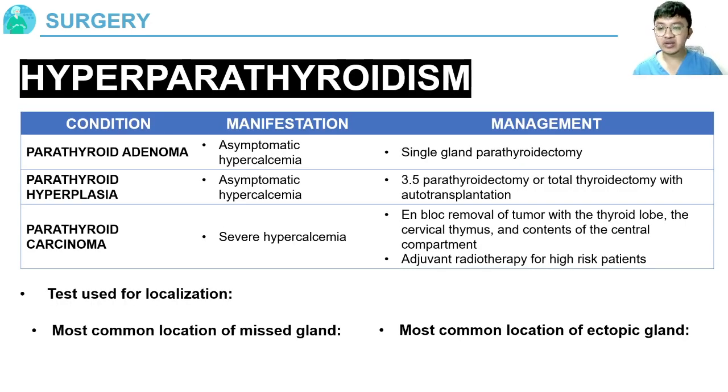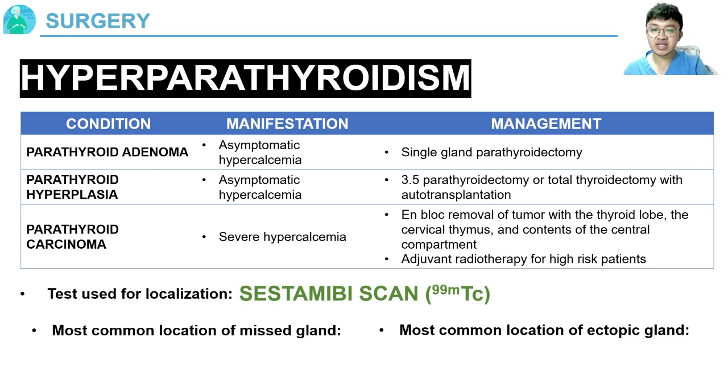For hyperparathyroidism, I think this has been more high yield in the previous board and the more recent board exams. You have different types of hyperparathyroidism: parathyroid adenoma, parathyroid hyperplasia, and parathyroid carcinoma. Using tests for localization such as your sestamibi scan or technetium-99, you can identify among the 4 glands which one is producing more than what is expected or is at a high index of suspicion.